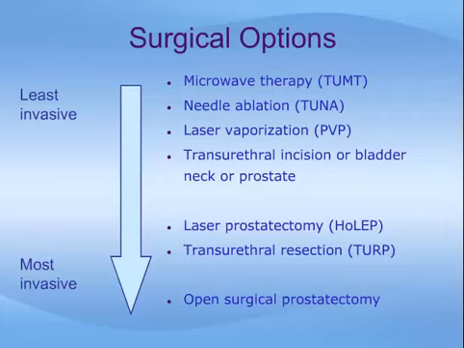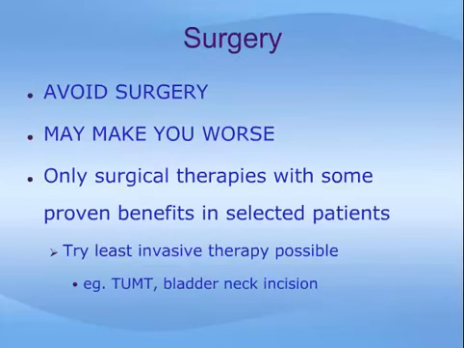Open surgery and radical transurethral resection of the prostate, while written about, are not recommended treatment options. Surgery should be avoided, in fact, whenever possible, as it may worsen a man's condition. When performed, only therapies with some proven benefit should be attempted, and the least invasive treatment possible should be chosen.